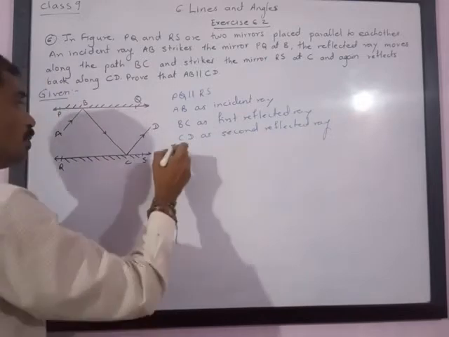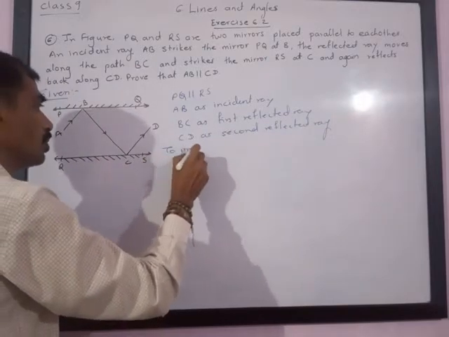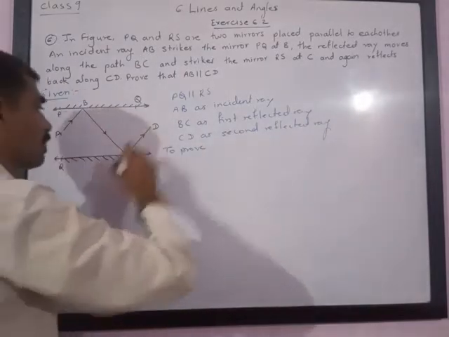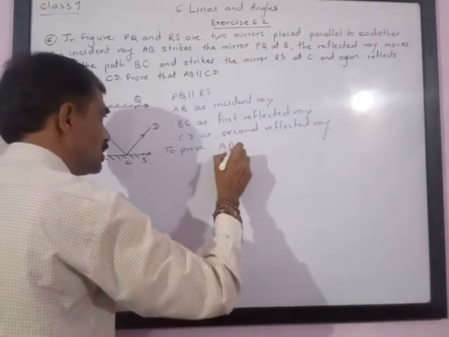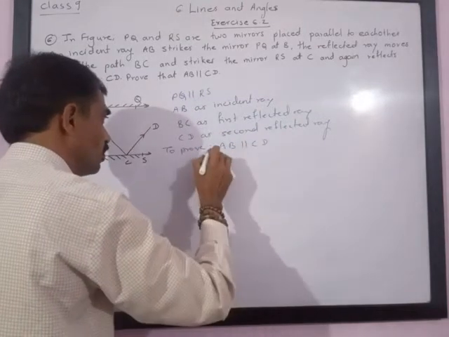Now we are asked to prove that ray AB is parallel to ray CD. So AB is parallel to CD. This is what we have to prove.